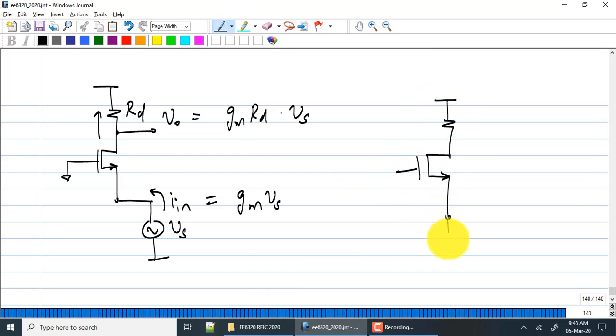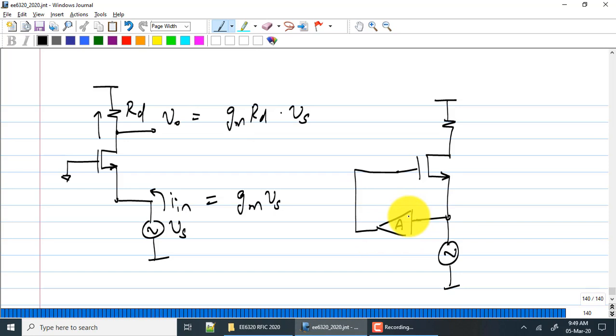If instead of grounding the gate of the common gate amplifier, I were to apply a signal that is proportional to my input signal, I want to see what will happen.